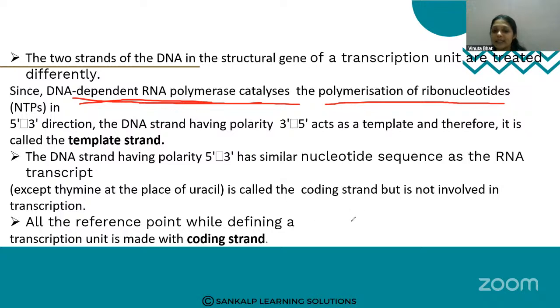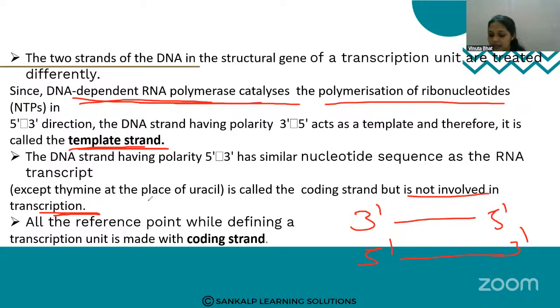The DNA strand that is in the 3 prime to 5 prime direction is called the template strand. And the other strand, which has the 5 prime to 3 prime polarity, is called the coding strand, which is not involved in the transcription.